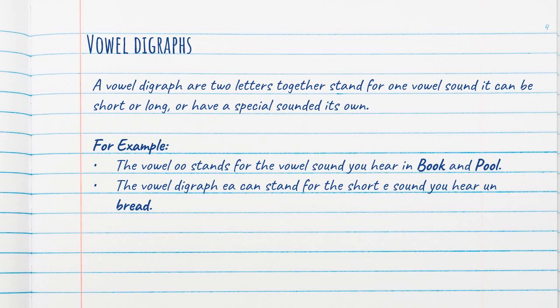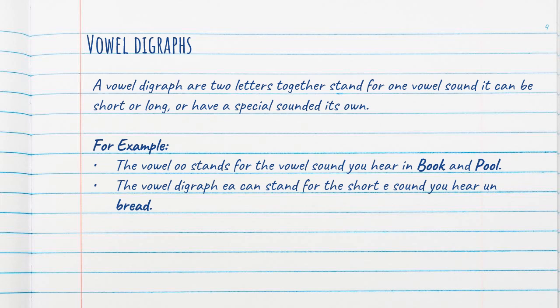For example, let's see. The vowel O, double O, stands for the vowel sound you hear in book and in pool. Can you see that both of them have a long O sound? Book and pool.